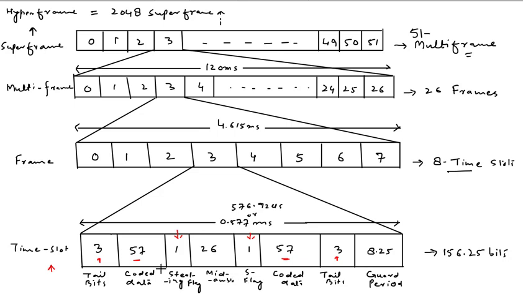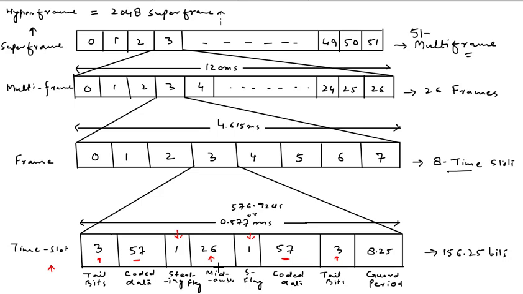So this stealing flag is meant for that purpose. And here these 26 bits are denoted as mid-amble, and basically these are the training bits, and this allows the adaptive equalizer to analyze the radio channel characteristics. If there is any distortion or attenuation in the channel, then that is represented by these 26 bits.